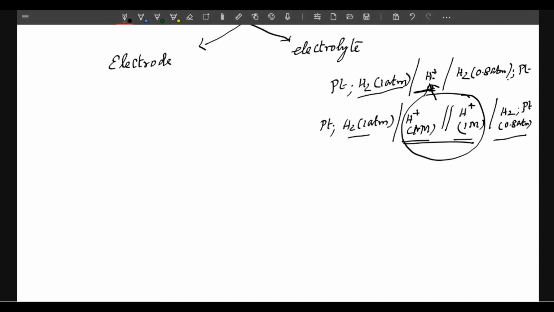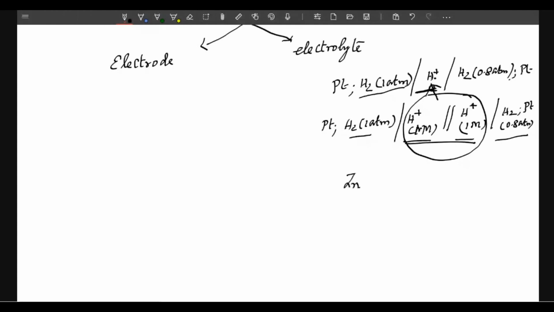Here, hydrogen gas is passed, therefore I can change its activity. But if a solid is present, for example, I take a zinc solid dipping in zinc sulfate, 1 molar, and another electrode of zinc solid dipping in zinc sulfate, 1 molar.